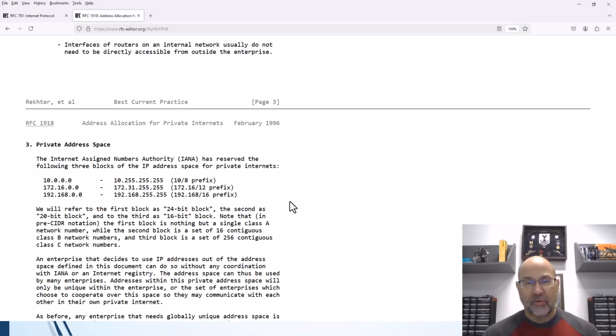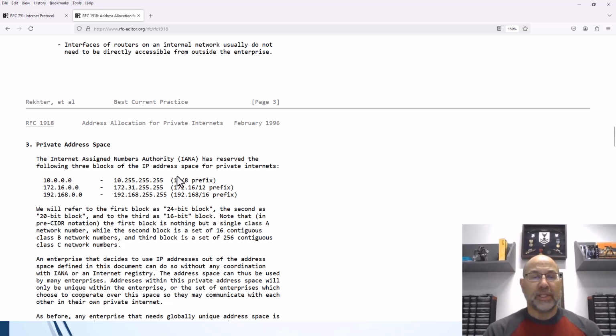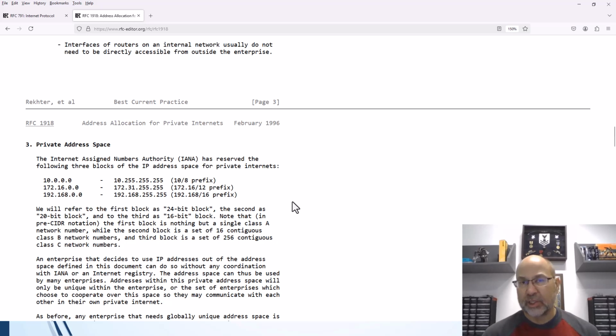We've mentioned this before, but this is CIDR notation for classless interdomain routing. Well, the /8 makes sense for this Class A network, but what about this /12? Well, it's /12 because we're specifying a particular range. So it's got to start with 172.16, but then the mask would be /12, and that would get us up to 31. So that's why it's a /12.